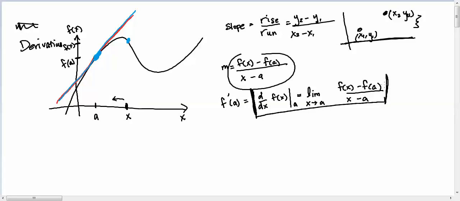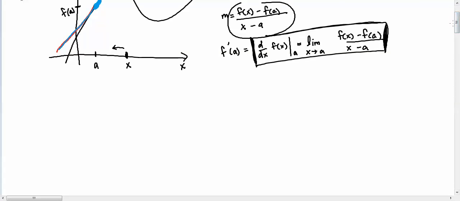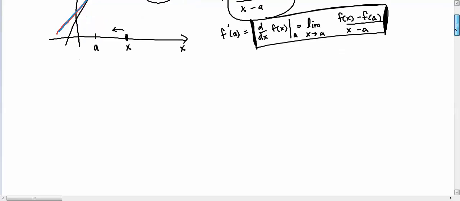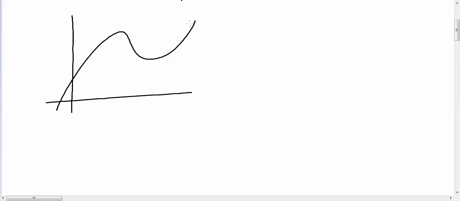Let me show you a different definition because it might look a little bit different. All I'm going to do is argue that it's actually really the same thing. It just looks a little bit different. Let me redraw my graph. Cool? This is x and this is f of x. And I'm going to define the first point as a. Nothing new there. Cool?